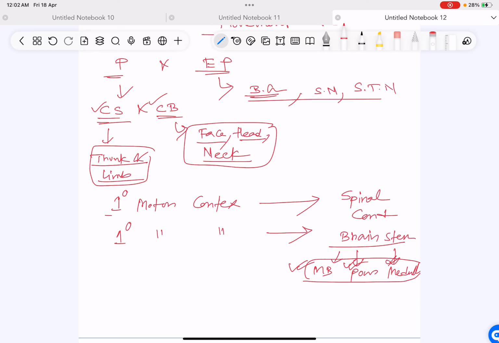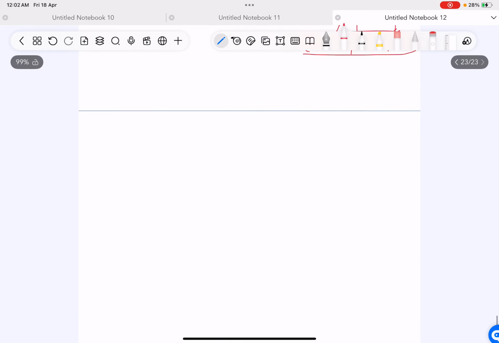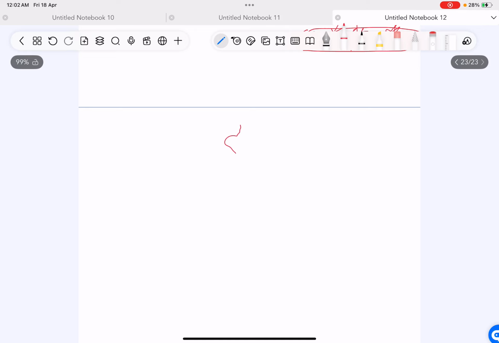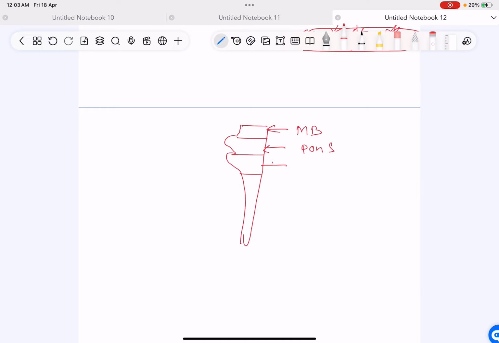But the corticospinal tract goes below, right? Suppose I'm giving a side view. This part is your midbrain, this part is your pons, this part is your medulla oblongata, and this part is spinal cord.